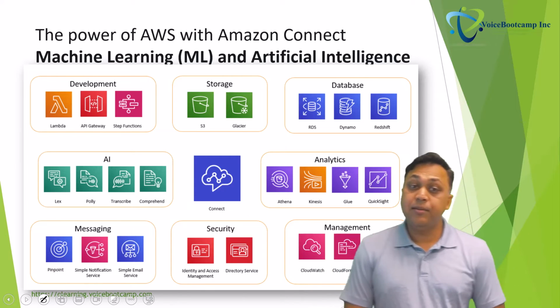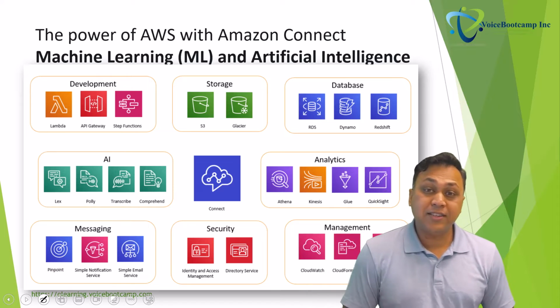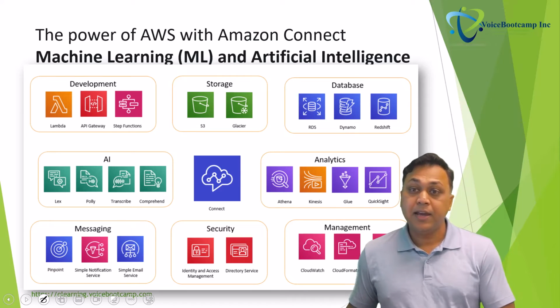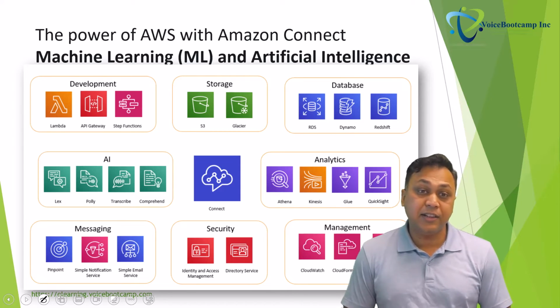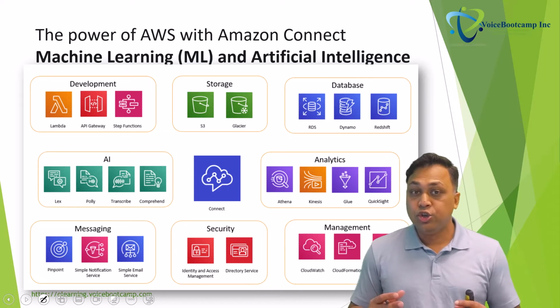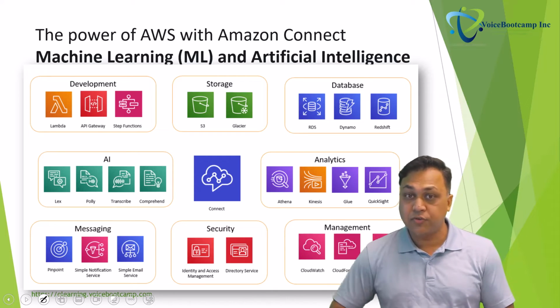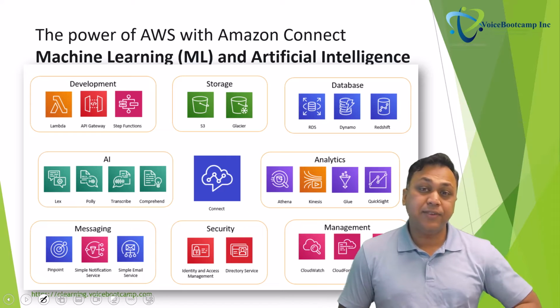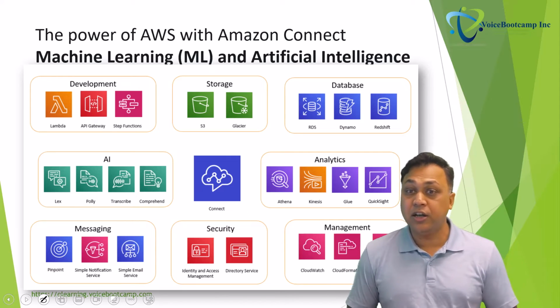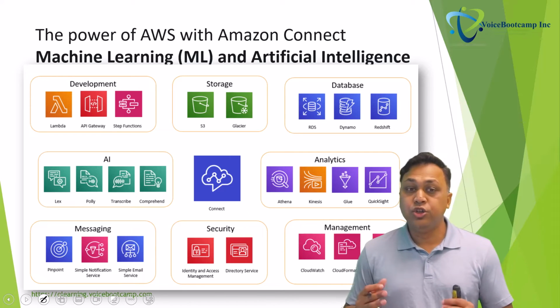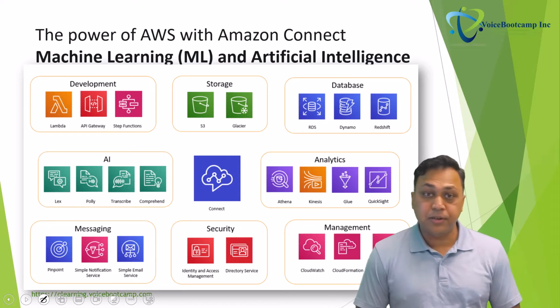And then, of course, you have Amazon Comprehend, which takes the transcriptions of a recording and applies speech analytics machine learning to the particular conversation or call to identify the sentiment and keywords in order to match the company policy.